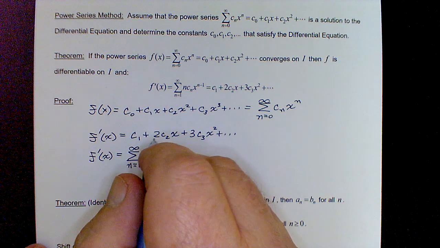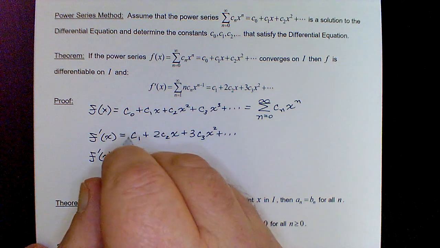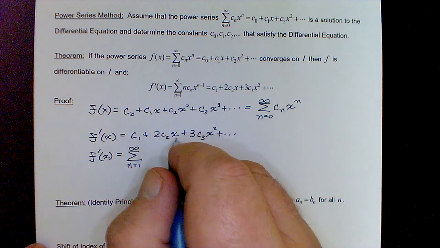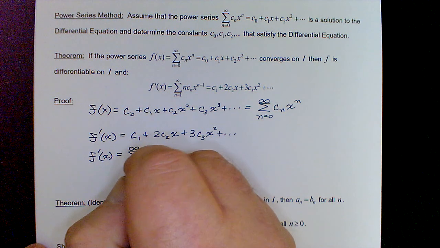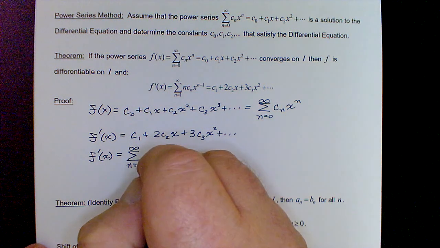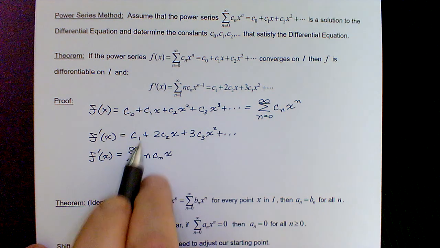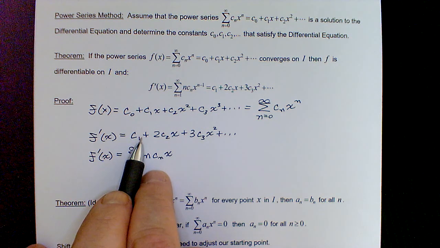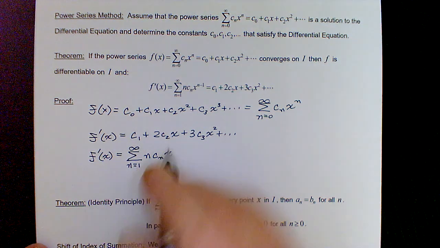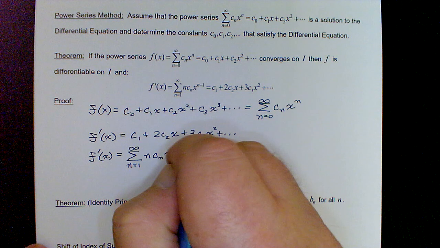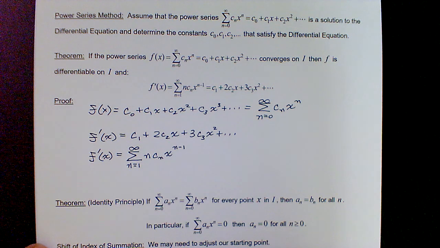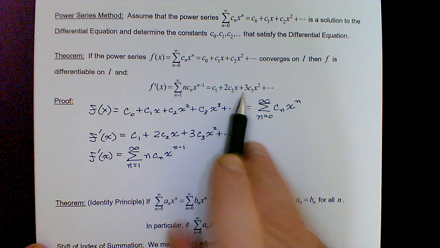We're going to need the value of n, because n is 1, 2, 3, and so on. So we're going to need n, c sub n, but then to get just a constant here, if the index starts at 1, it would have to be x to the n minus 1th power. Okay, so that's a quick proof as to why this is true.